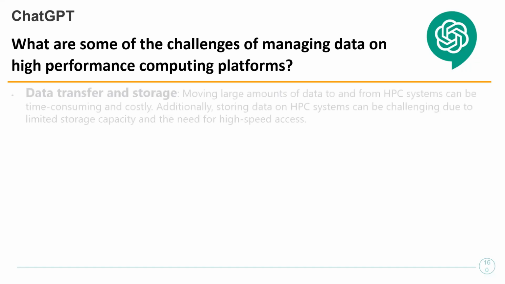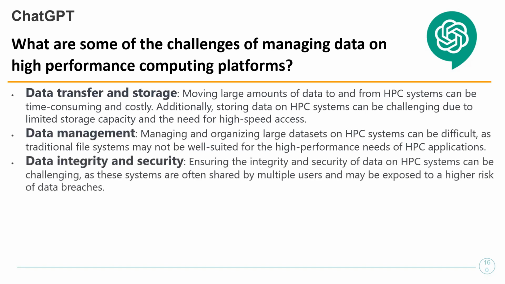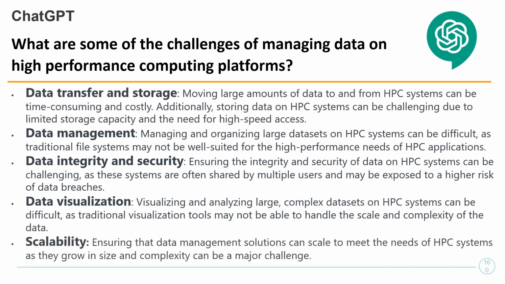And right out of the gate, it came back with data transfer and storage, data management, data integrity and security, data visualization, and scalability. So I'll give low marks to ChatGPT for suggesting data management as one of the challenges of managing data. It seems a little bit circular to me, but the other suggestions aren't that far off the mark. They're not terribly nuanced, but there they are.